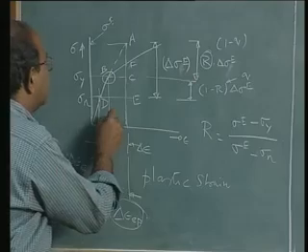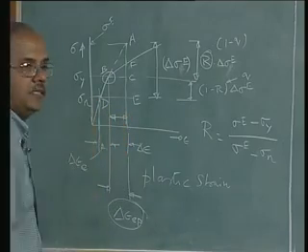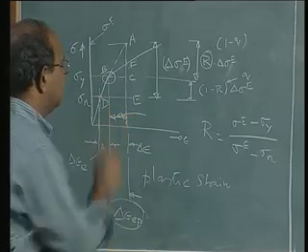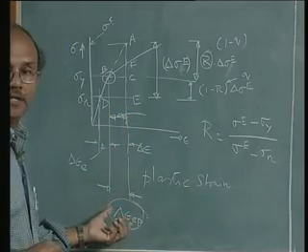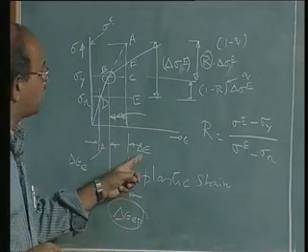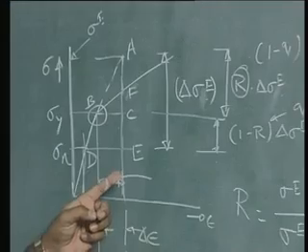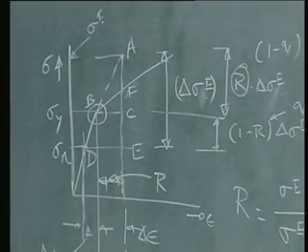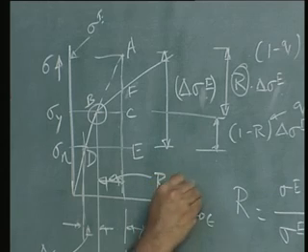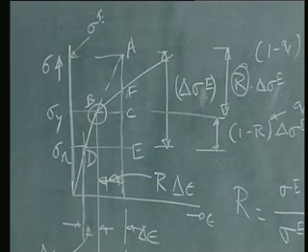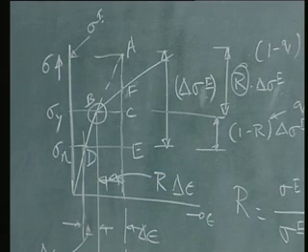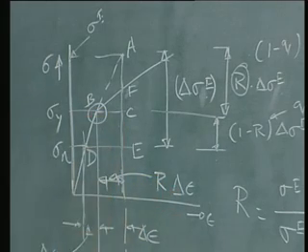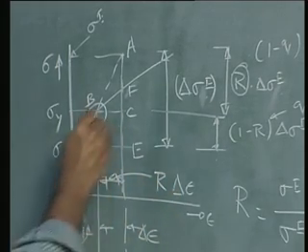So, please note that we had calculated ultimately this part, what was that? Delta epsilon Ep, and that is equal to, in terms of delta epsilon, from similar triangles we wrote down and said that that is equal to R times delta epsilon. So, I said that we can calculate this delta sigma. What is this delta sigma now?